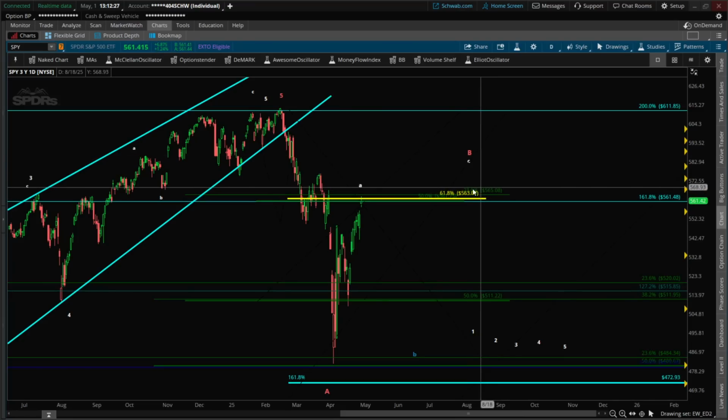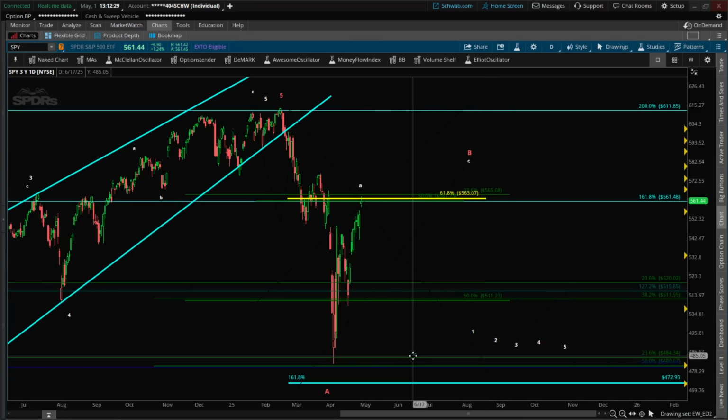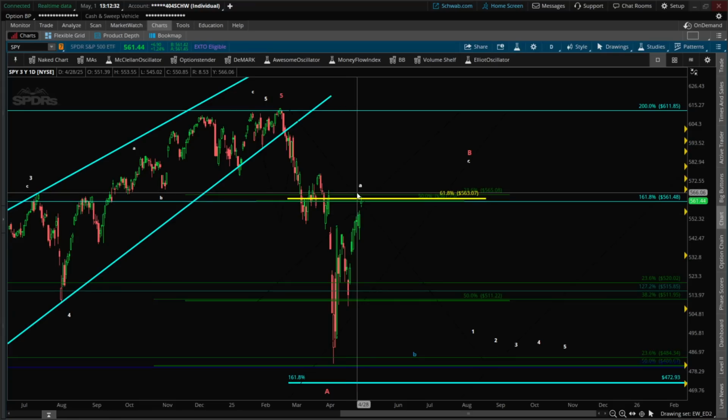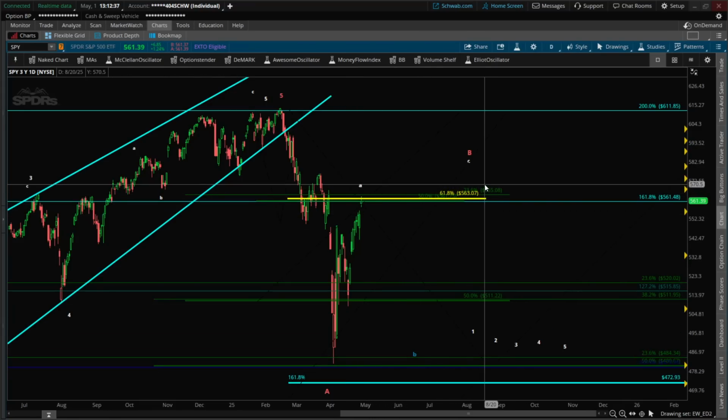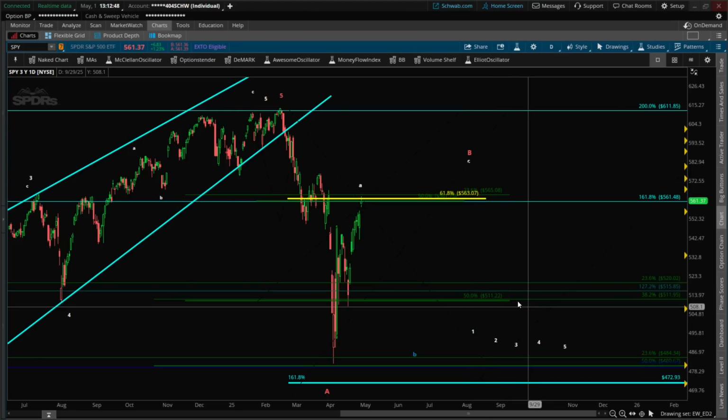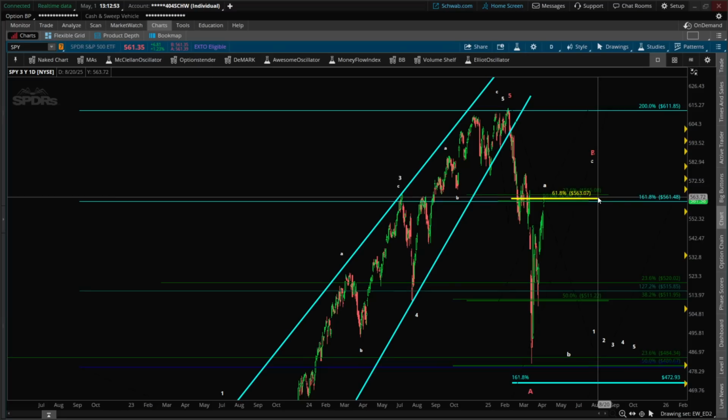Or maybe it just peaks right back through here. If we get a nice low B, we can have a symmetrical A, B where it makes a slight higher low, and then a C that makes a slight higher high that is a 100% A to C. That's a possibility that we just peak above here and then we break down. But do not underestimate things.